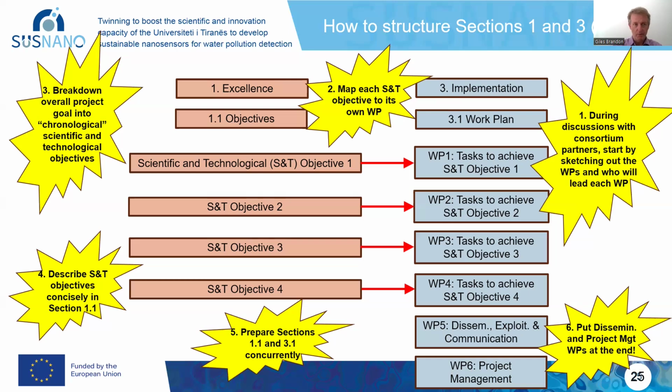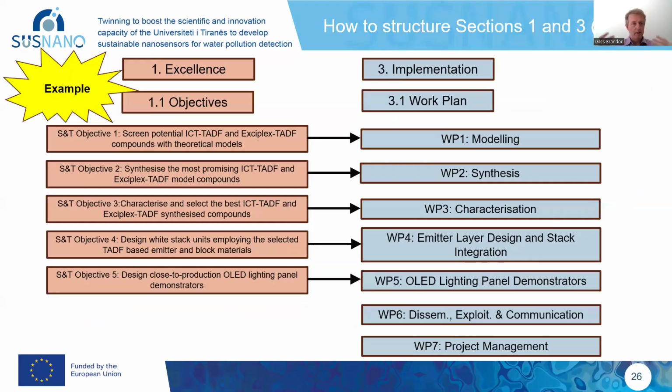So, you know, 1 maps to 1, 2 maps to 2, and so on. If you put project management right at the start, that messes up that simple mapping. So that was talking about structuring work packages and objectives between sections 1 and 3, maybe in a somewhat abstract way.